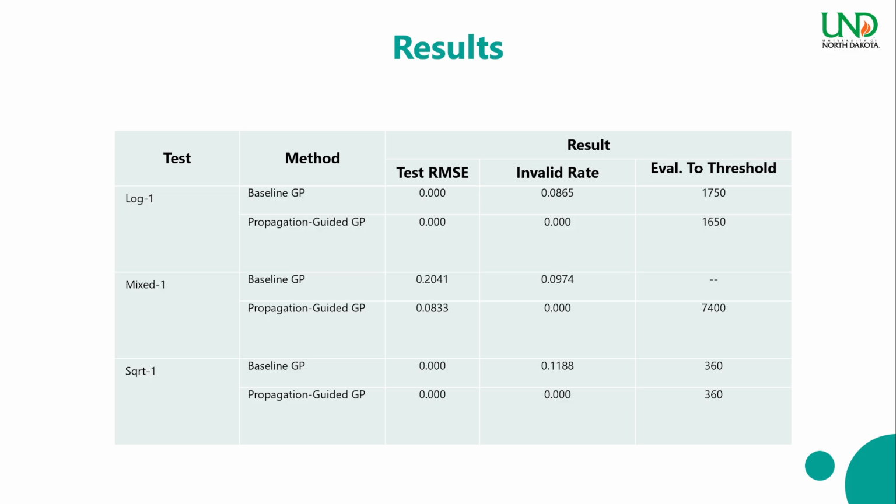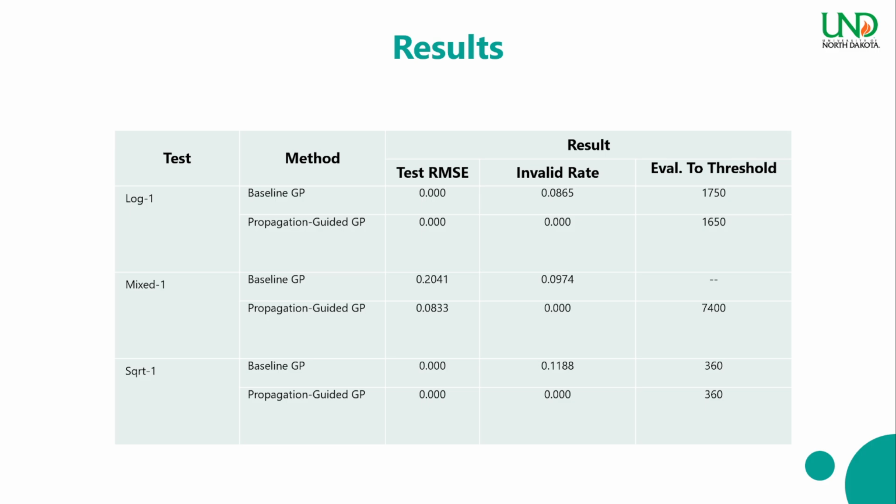On simpler problems like the square root and the log, both methods achieve perfect accuracy, which is expected since they're simple expressions. So the root mean squared error actually goes to 0 in both cases because there's no meaningful difference between the final solution and the test, so it perfectly matches the data.